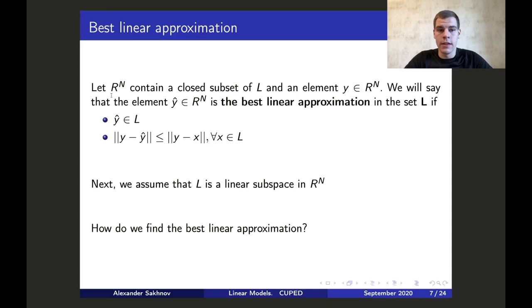Let's say we have some closed subset L and the element y, and we say that element y hat is the best linear approximation in the set L if two conditions are met. First, if we find the best linear approximation in set L, then the target element should belong to this subset. And the second is about the best.